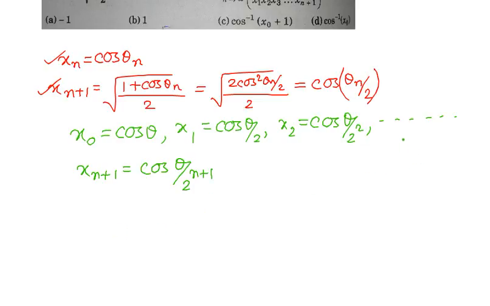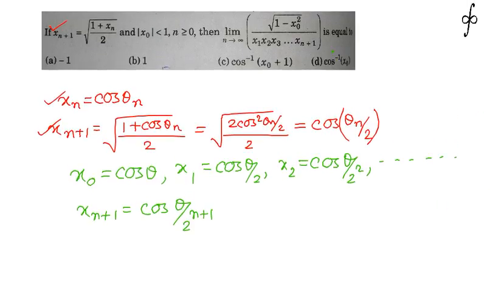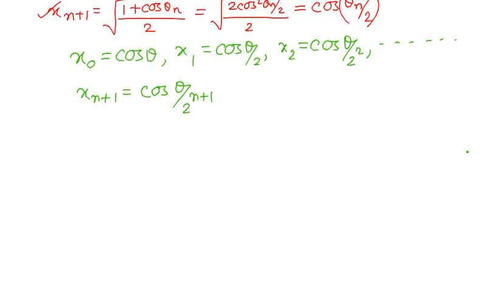Now for the limiting part, we can analyze that in the denominator we are having a continuous product. So first let us see how this can be obtained. We are having x_1 into x_2 into x_3, this way continuous product up to x_{n+1}.